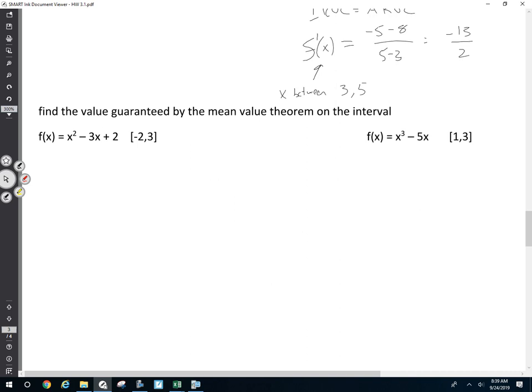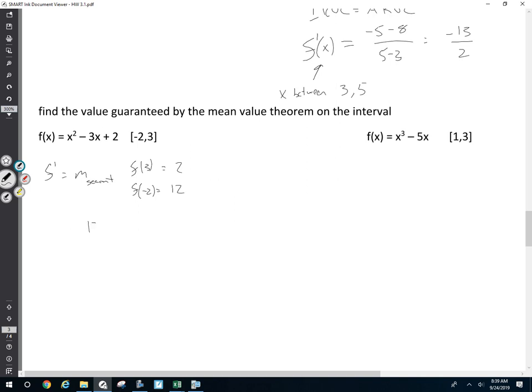Find the value guaranteed by the mean value theorem on the interval. Okay, so we just need to equate tangent slopes to secant slopes. All we need to do is a little bit of legwork for the secant slope, and then solve an equation. So let's do the legwork. I have 2 points. f of 3 is 9 minus 9 plus 2, that's 2. f of negative 2 is 4, plus 6 is 10, plus 2 is 12.